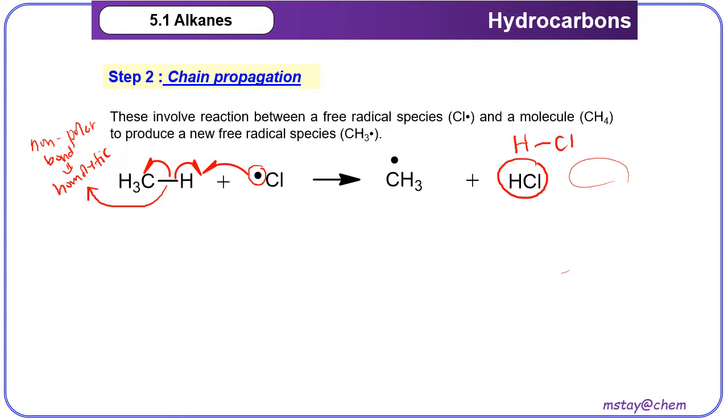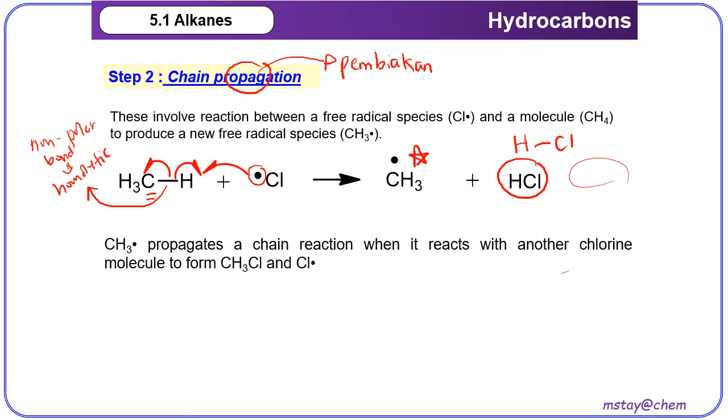Then the bond here already breaks, and the carbon gets one electron, so it forms a free radical. Propagation has the meaning of pembiakan, which means they will continue to spread the free radicals. So the methyl free radical will propagate a chain reaction when it reacts with another chlorine to form CH3Cl and a free radical chlorine.